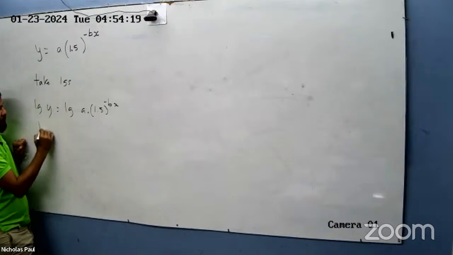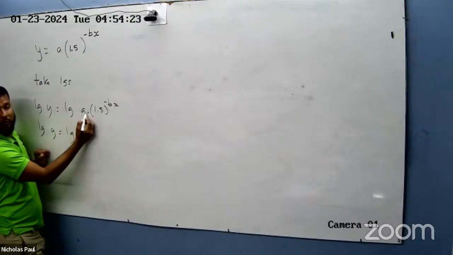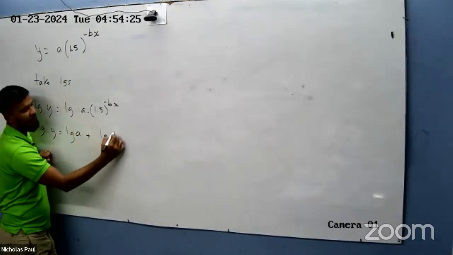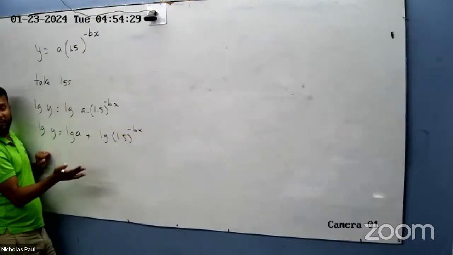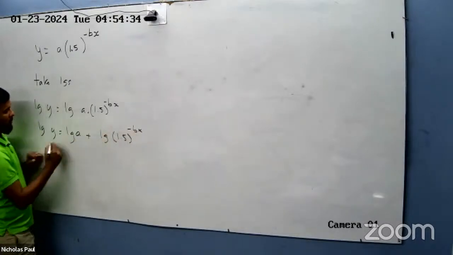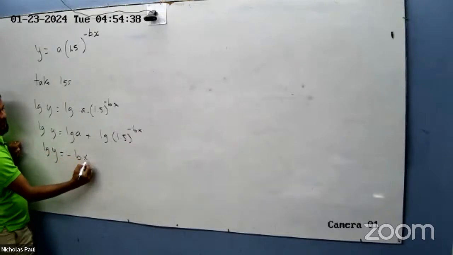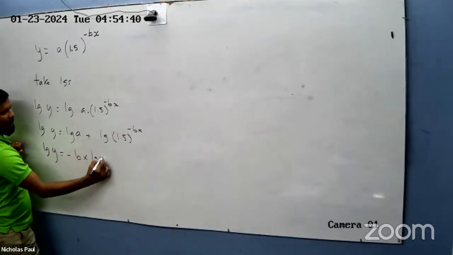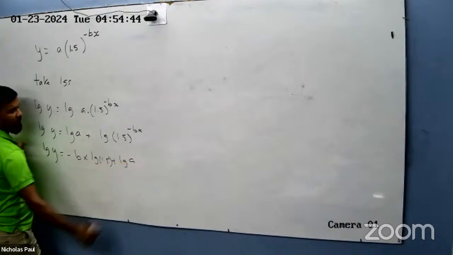So you'll get log y is equal to log a, multiply means plus, log 1.5 to the minus bx. Is this good enough? So you'll get log y is equal to negative bx log 1.5 plus log a.